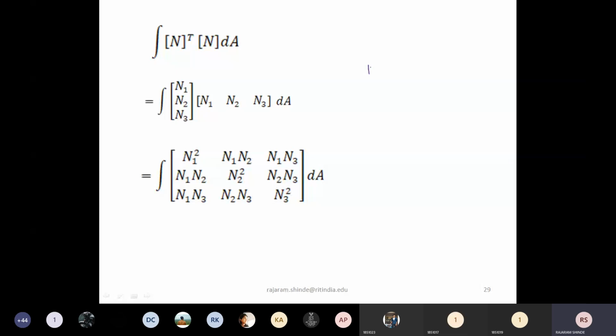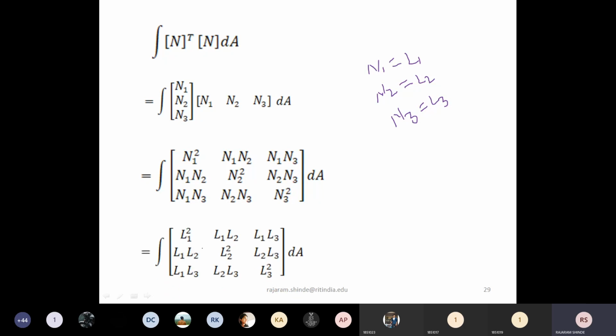You know the equations: N1 is equal to L1, N2 is equal to L2, and N3 is equal to L3. Now you replace these shape functions by L1, L2, L3.